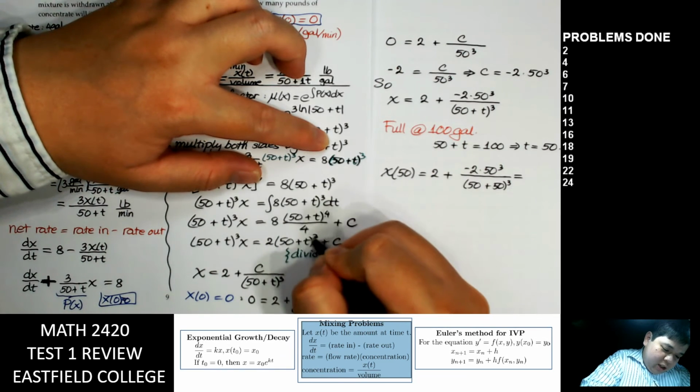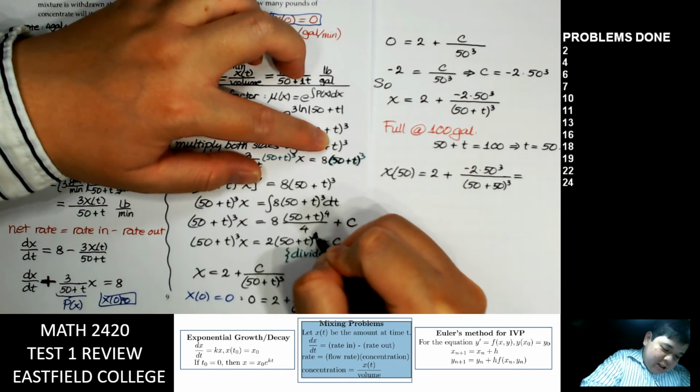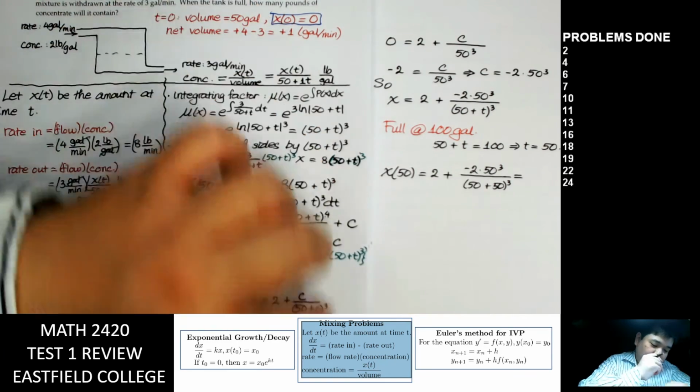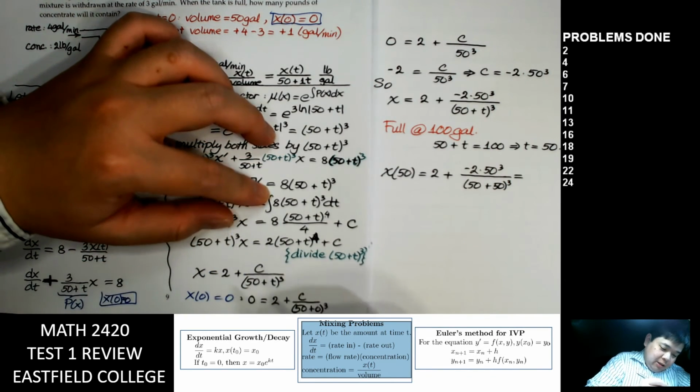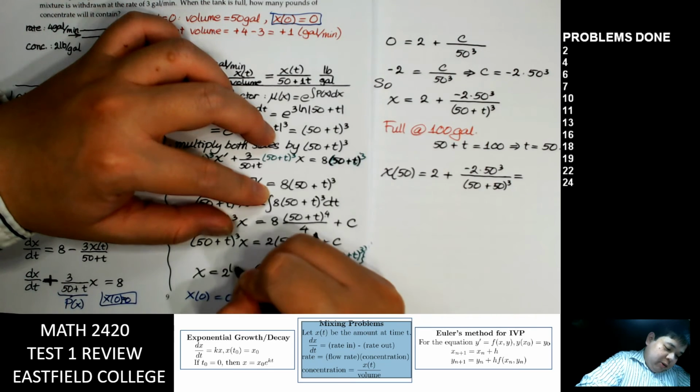There's a fourth here, so there should be a fourth. And there's a missing 50 plus t here.